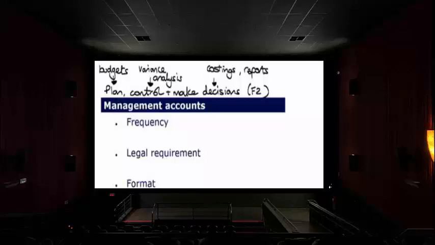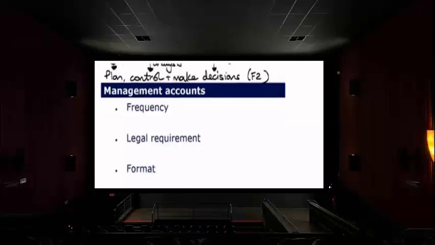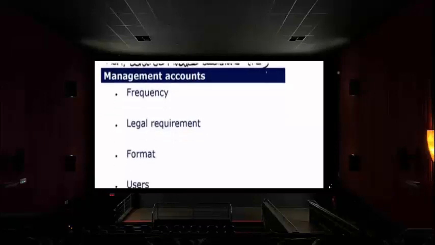Now, the next thing we've got to ask ourselves is, well, how often do you think management would need budgets, variance analysis, reports, etc.? Well, the key answer to that is it depends. The frequency of management accounts depends on the business.